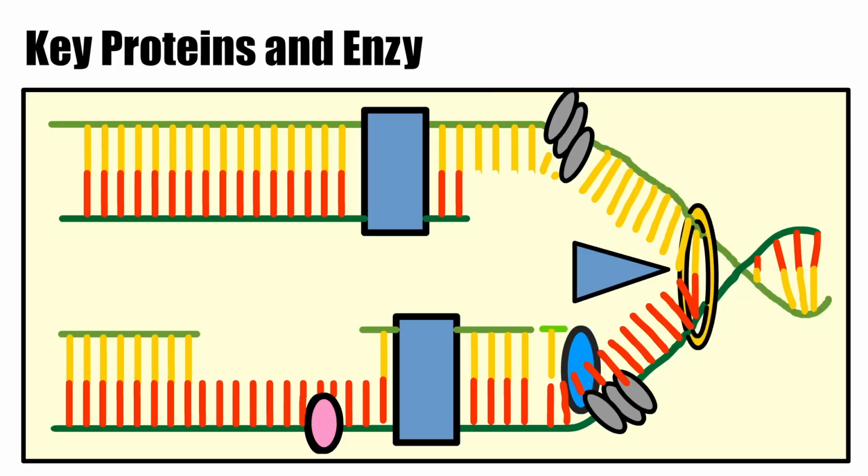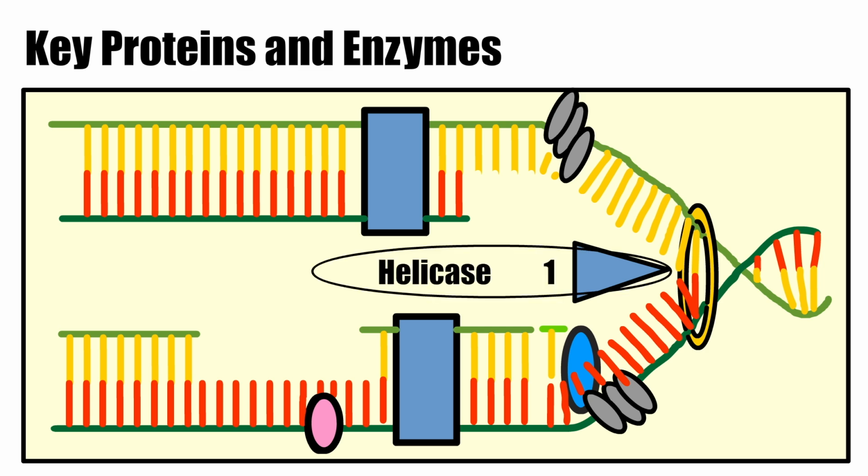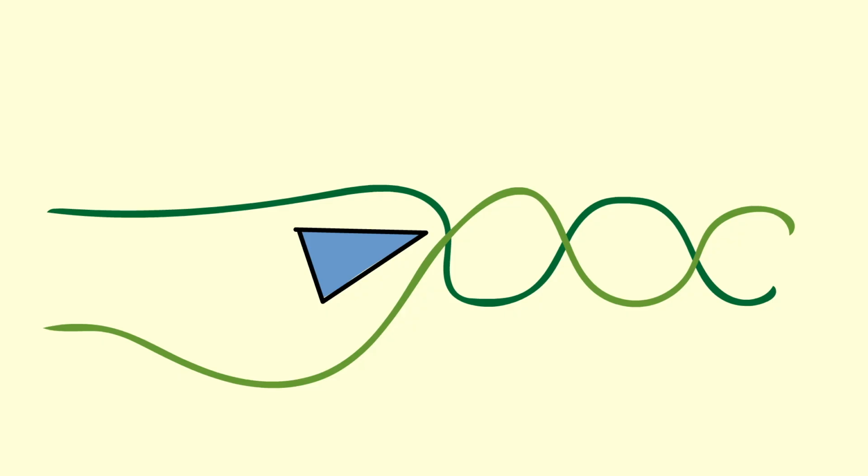Now let's take a detailed look at the key proteins and enzymes that facilitate the replication process. In general, these molecules work together in a highly coordinated manner to ensure the accurate duplication of the genetic material. The first enzyme we encounter is helicase, which plays a crucial role in the unwinding of the DNA.